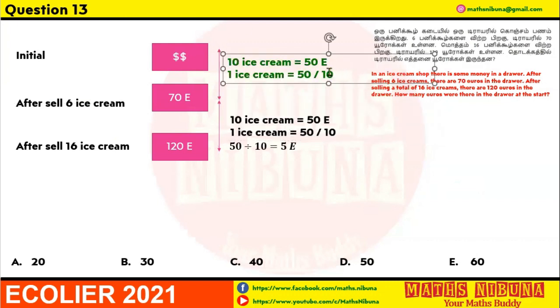If one ice cream equals 5 euro, then 6 ice creams equal 6 times 5, which is 30 euro. That means in that period he only earned 30 euros.